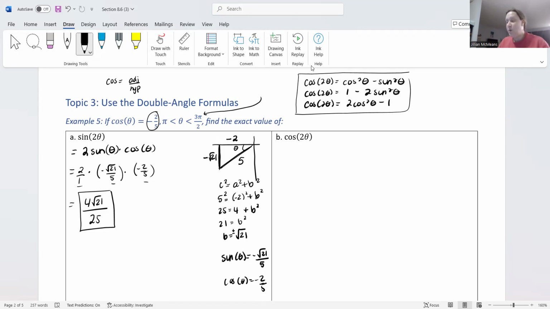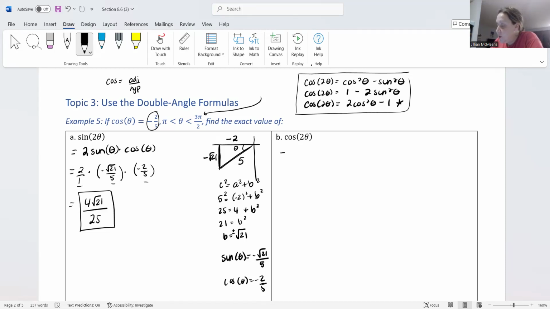But let's say that we didn't want to build that triangle, like we didn't have to find sine of 2 theta, so we didn't really need sine. We wouldn't have even had to build the triangle if we were just looking for the double angle formula for cosine because of this one right here. This one right here just takes into account cosine. So if we weren't asked part A, where we had to find sine of 2 theta, we wouldn't have had to do that much work because we already know what cosine of theta is.